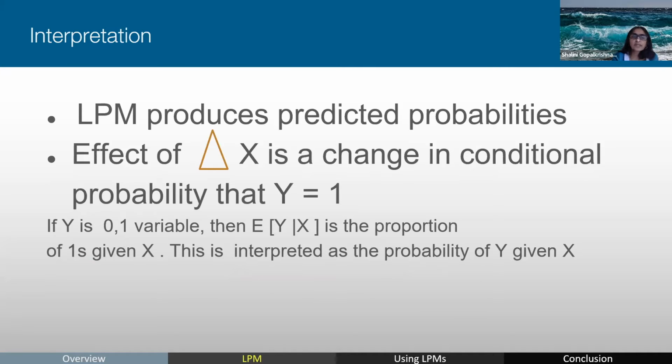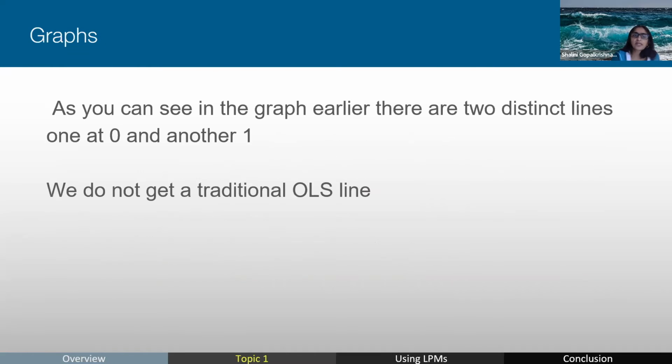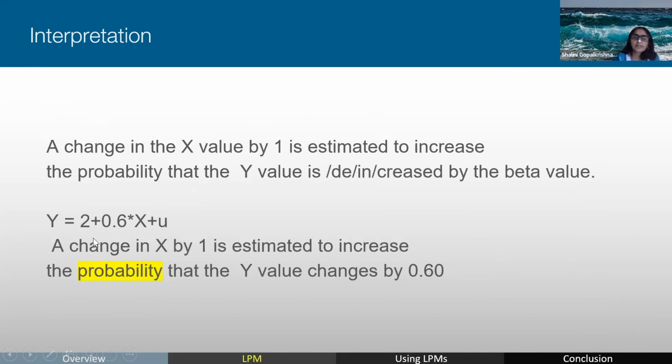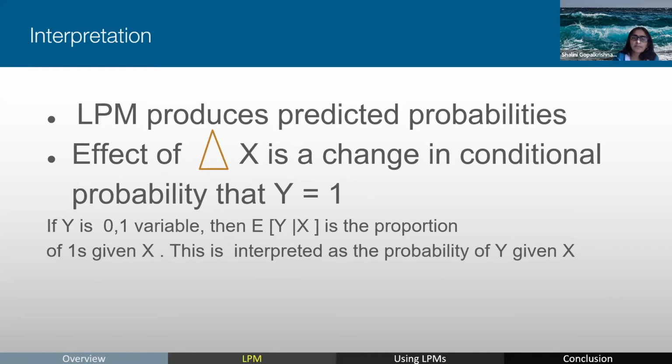Let me focus on this a bit more. LPM produces predictive probabilities. The effect of delta x, this triangle is delta, is a change in the conditional probability that y equals 1. If you go back to the earlier equation, it's nothing but when y equals 1, right? So similarly, here is what we're talking about.